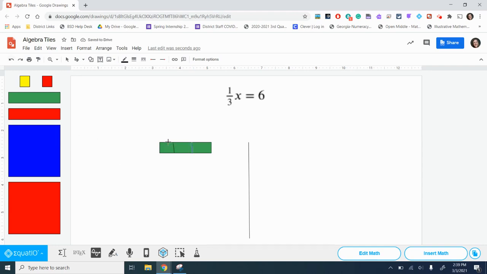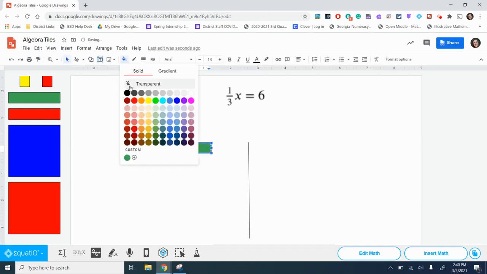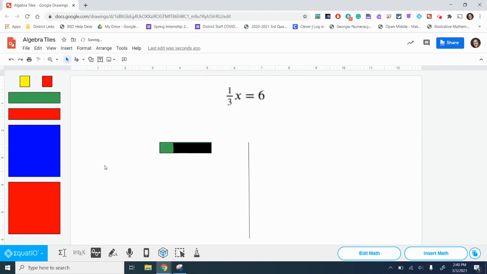So I'm only focusing on the 1/3 of the x, not the rest of this. So I'm going to go ahead and shade this and get rid of that. Okay, so I'm only focusing on the 1/3.